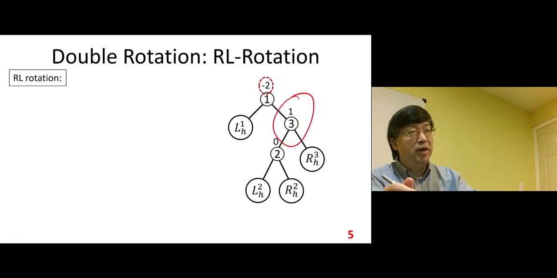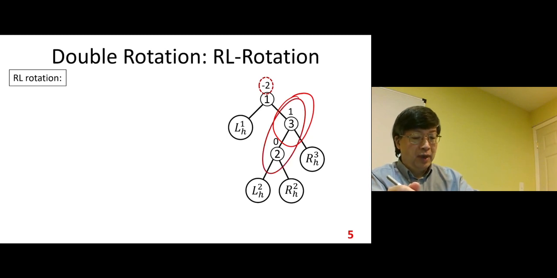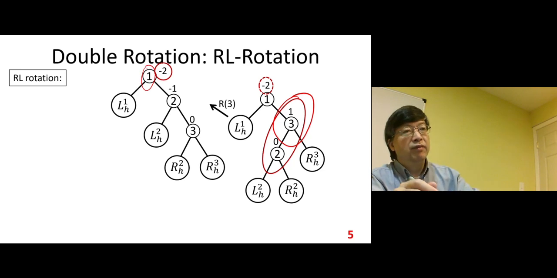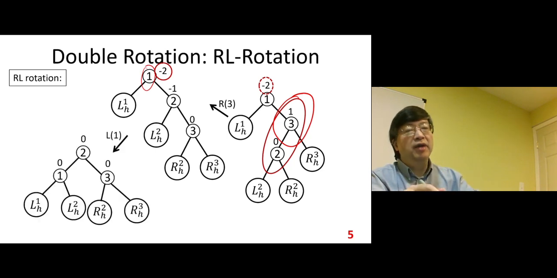We apply it on the middle node. That's our first one. R rotation with respect to node 3, we get this structure. Second time, the L rotation with respect to node 1, so L1. Then we get a balanced structure.